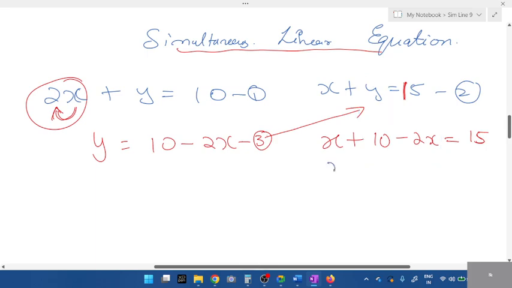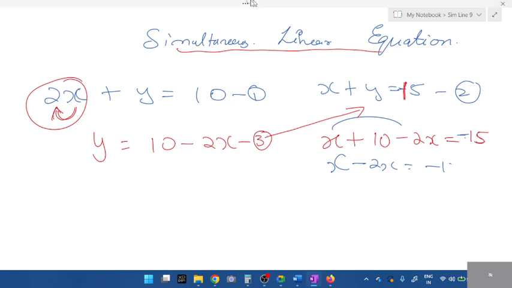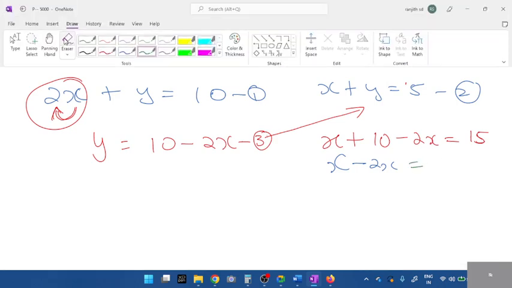Let us solve this. x minus 2x. I'll take y as minus 15. Tell me what is x minus 2x. Which two are like terms here? x and 2x, right? Arranged together, minus. No, no. First question is correct. We'll take 5. Now you tell me, x minus 2x is equal to, which one goes to the other side?